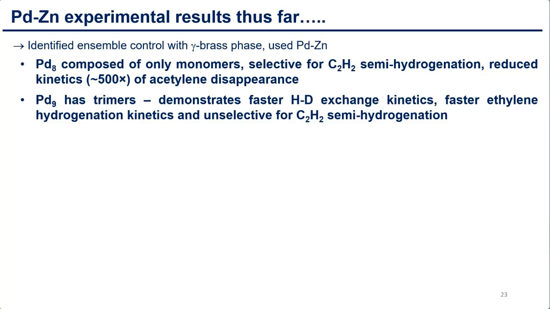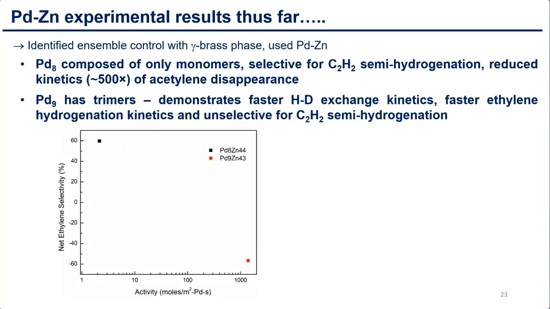We've also learned that palladium-9 and palladium-10 contain trimers. These are much faster on a rate per area or turnover basis for both H2-D2 exchange kinetics and ethylene hydrogenation kinetics. And this ultimately leads to these trimers being unselective for acetylene semihydrogenation.